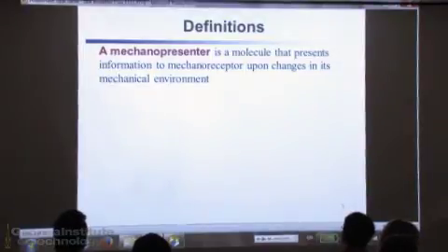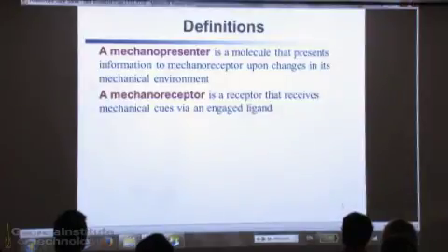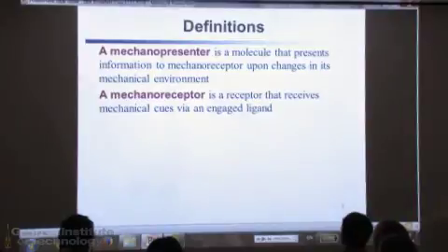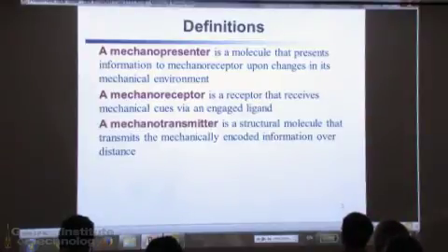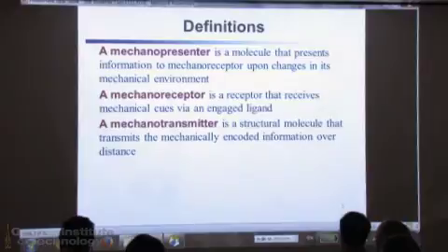A mechanopresenter is a molecule that presents information to a mechanoreceptor upon change in its mechanical environment. A mechanoreceptor is a receptor that receives the mechanical cues via engaged ligand. A mechanotransmitter is a structural molecule that transmits the mechanically encoded information over a distance.